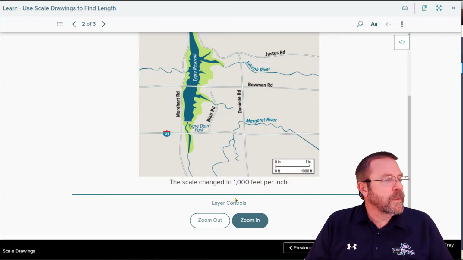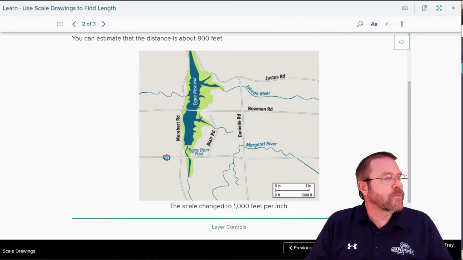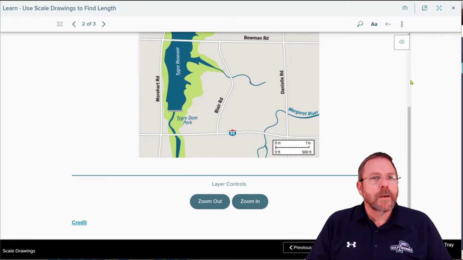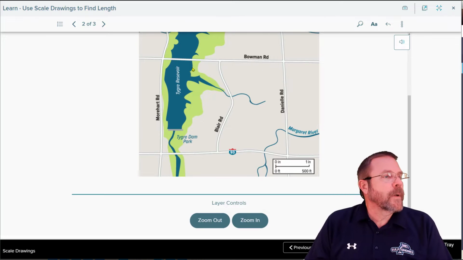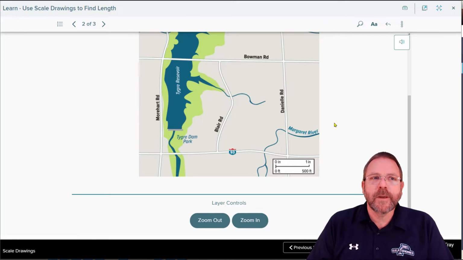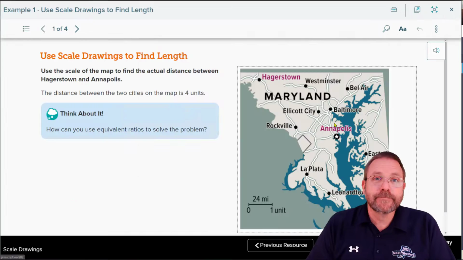So for doing that, you would be able to figure out roughly, I'm thinking an inch, that's about the same distance as you have right there. So you could say that the distance between the 2 roads is going to be about 1,000 feet. Now the textbook estimated it to be about 800 feet, which is probably a little closer than my 1,000 feet, but that's the nice part about estimating. You don't have to be exact.